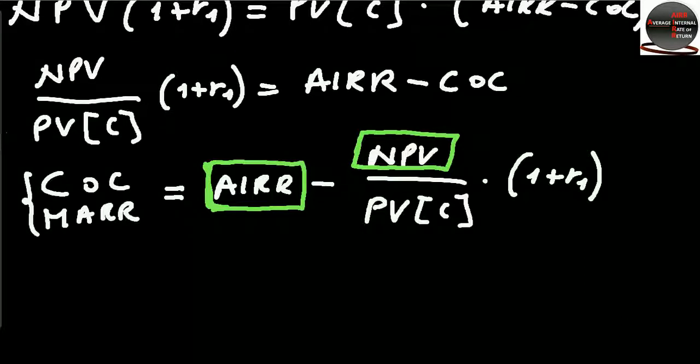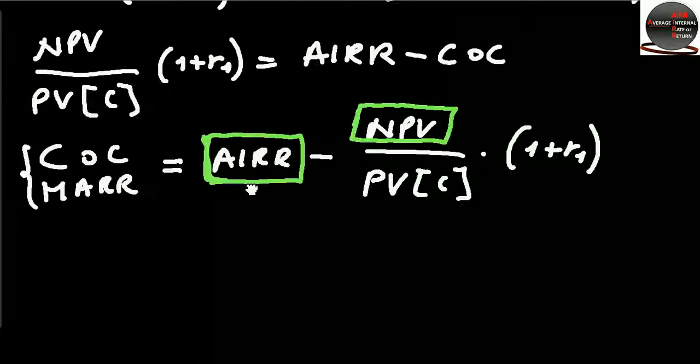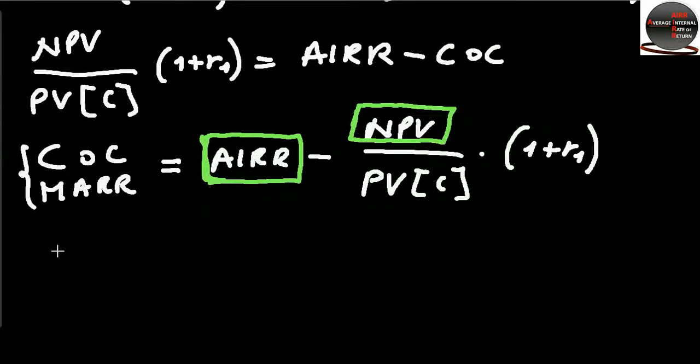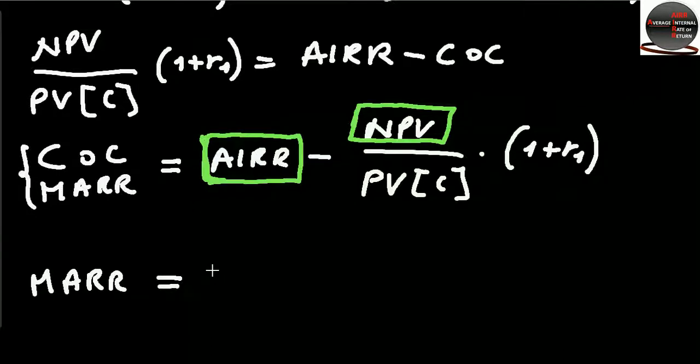In terms of our example, now let us apply this formula. We have that the minimum attractive rate of return, or overall cost of capital, is equal to the project rate of return. We computed it, and it was 57.8%. Then we subtract the NPV.